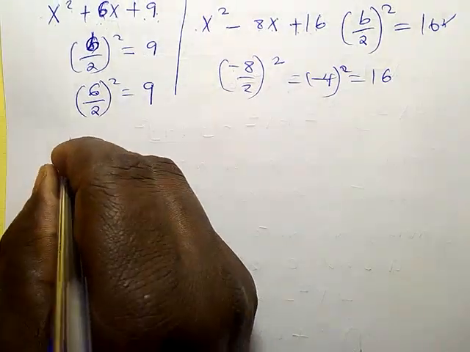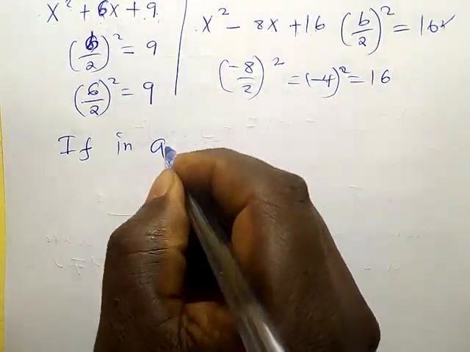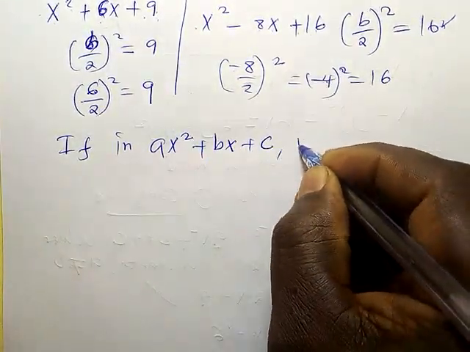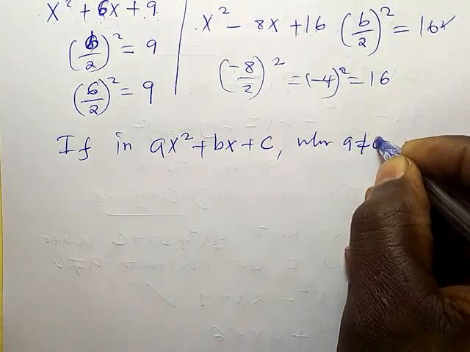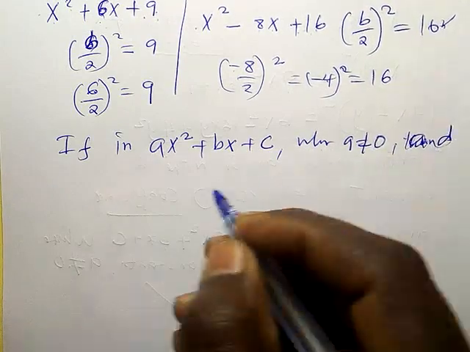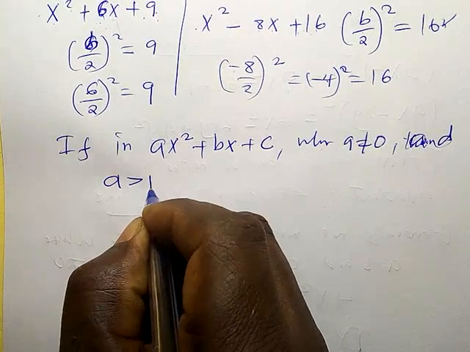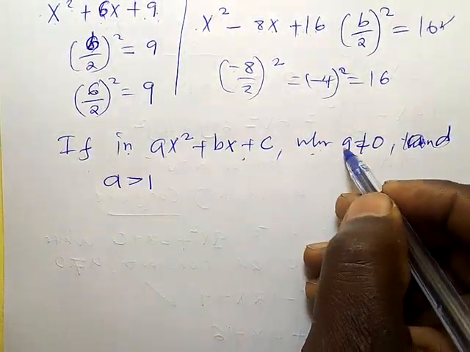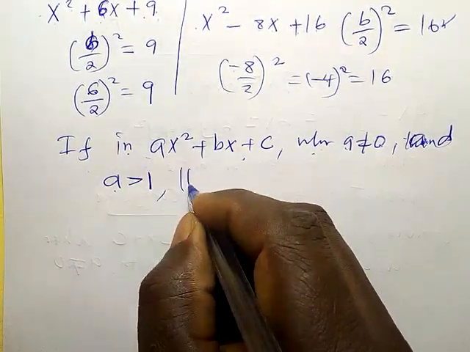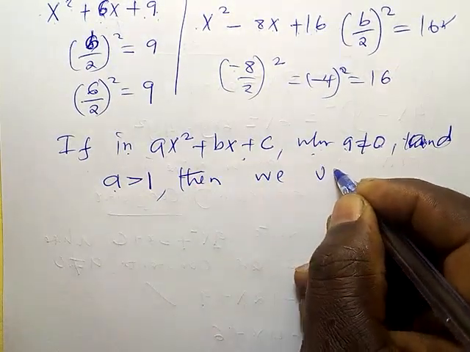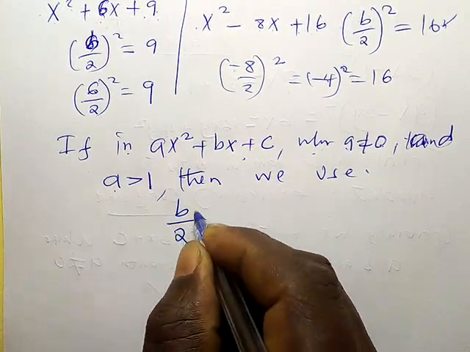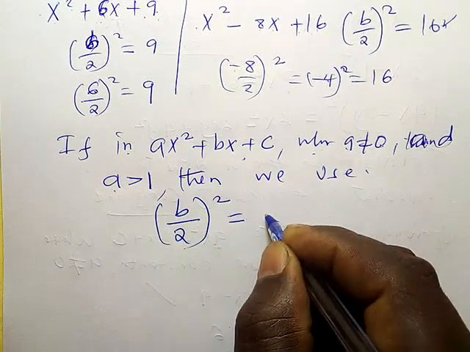The next one: if in ax squared plus bx plus c, where a should not be equal to 0, and a is greater than 1, then we use this: (b over 2) squared should be equal to ac.